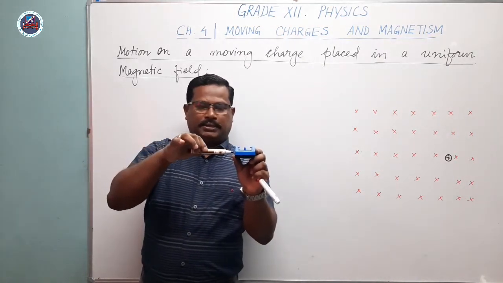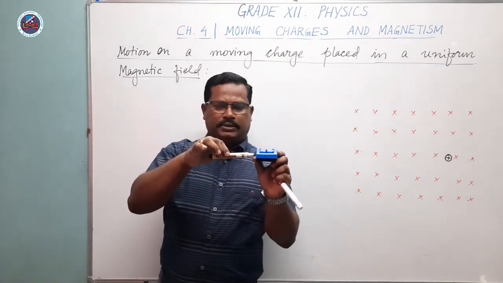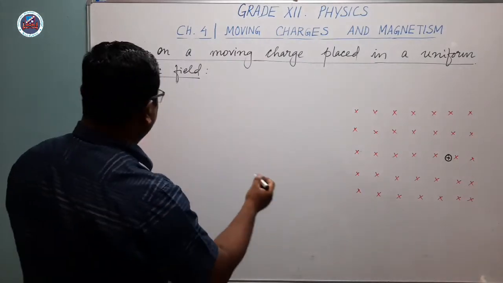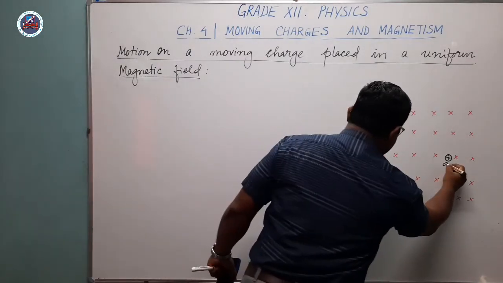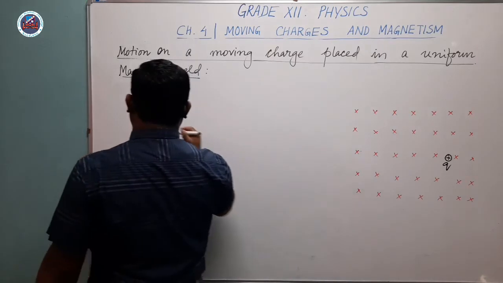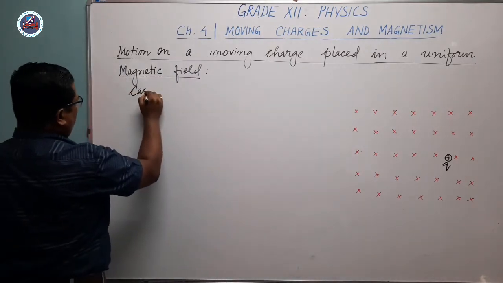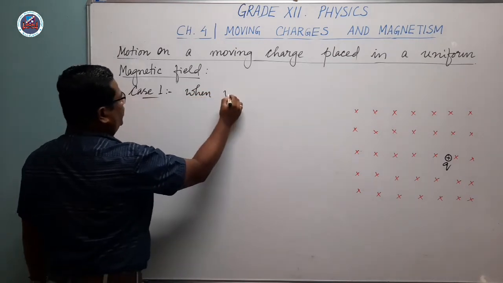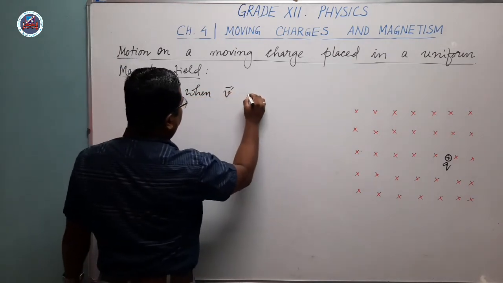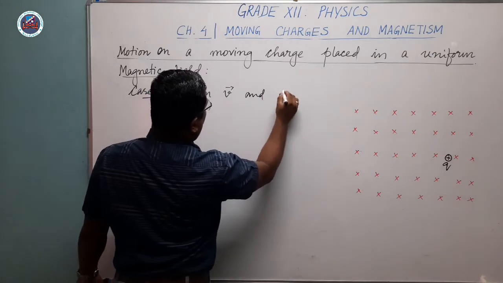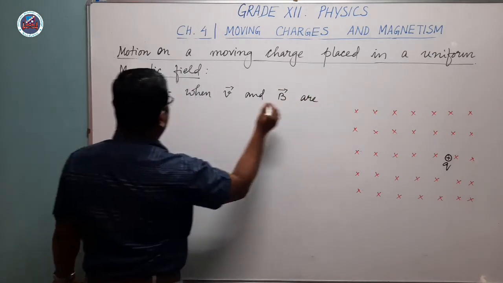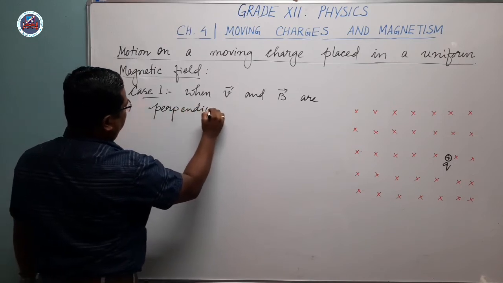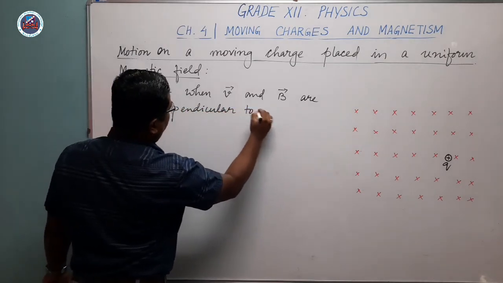If it comes and hits perpendicularly like this with some velocity v, then what happens? This is your charge, suppose. Case 1 we will write down like this: when V and B are perpendicular to each other.